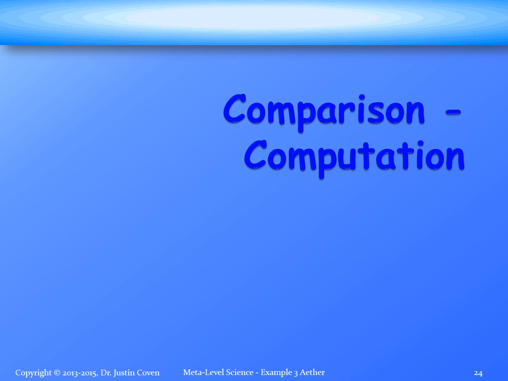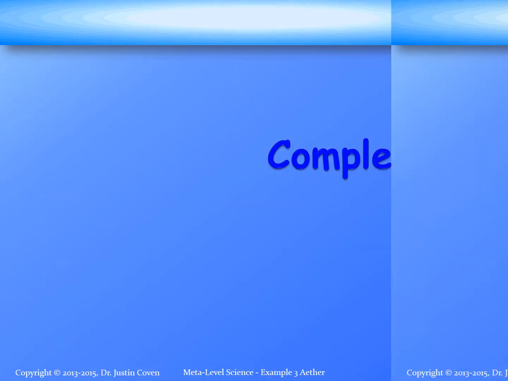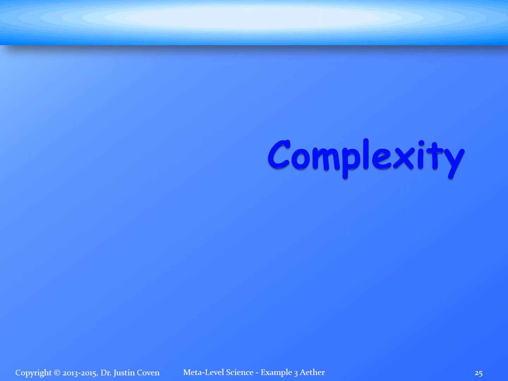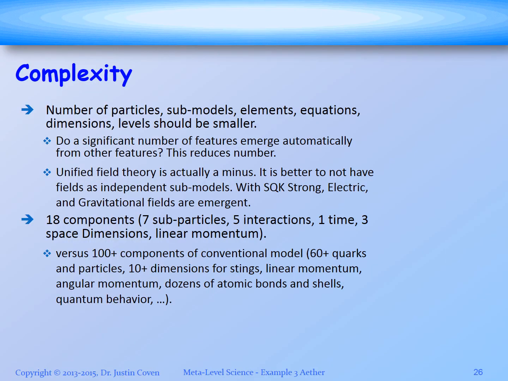Continuing with more comparison techniques. Computation. Comparing different models by their complexity. Complexity: the number of particles, submodels, elements, equations, dimensions, and levels should be minimal or minimized. Do a significant number of features emerge automatically from other features?